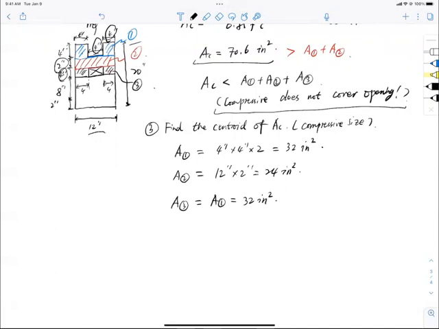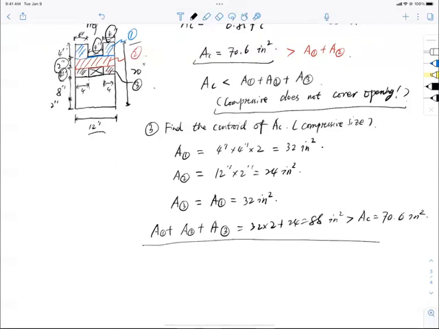So A1 plus A2 plus A3 equals 88 inch squared, and definitely bigger than AC, which is 70.6 inch squared. So yes, it does not cover it.